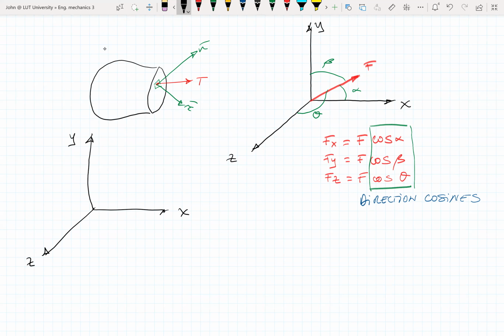I will draw it in green here. A cube also, with hidden lines or dashed lines.